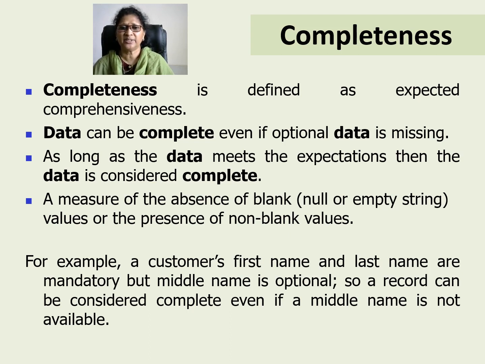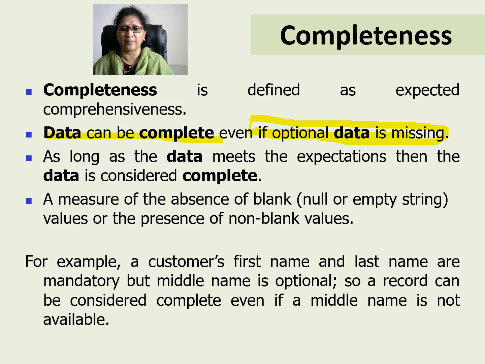Sometimes in some data, we may find some values are missing. Does that mean it is incomplete data? No, not necessarily, because some fields are optional. Even if optional data is missing, but expected values are complete, we say that the data is complete. As long as the data meets our expectation, the data is considered complete.